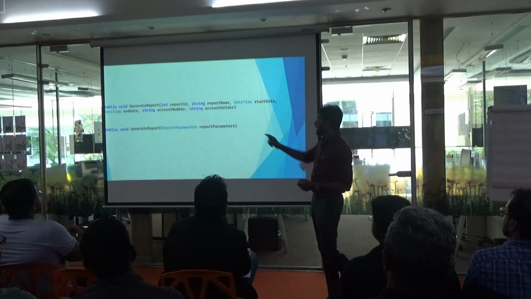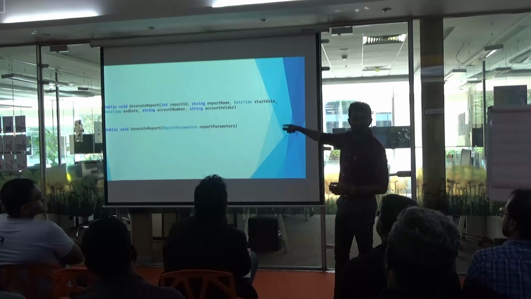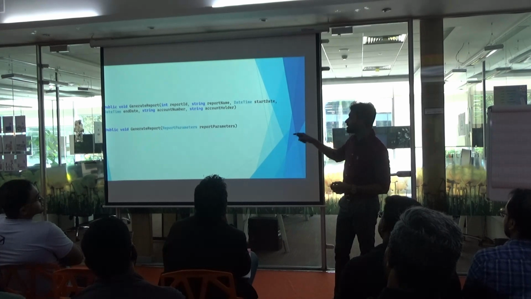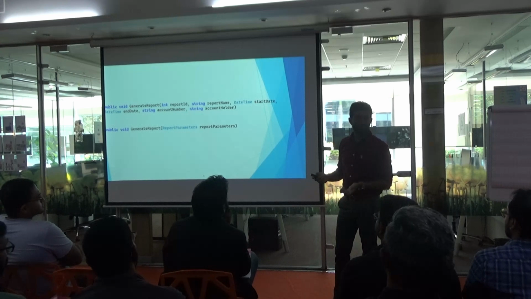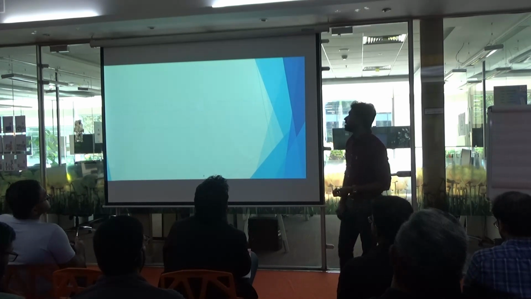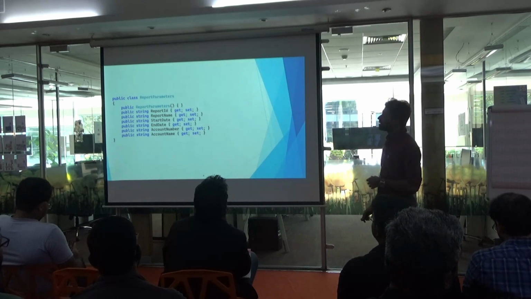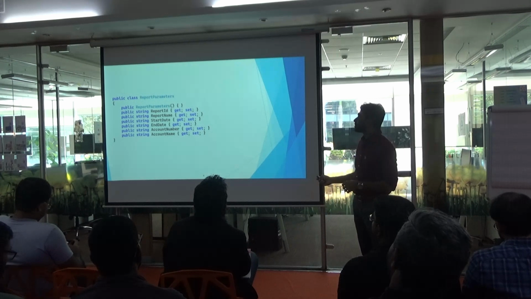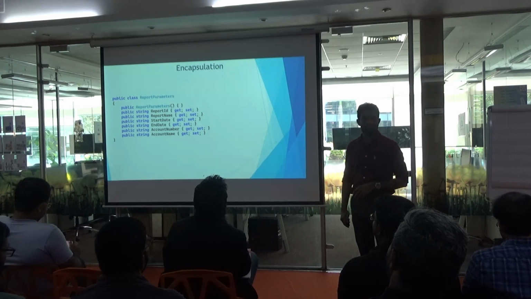I fixed the problem here because all of them have been put into a class, and the solution is encapsulation. It's OOPS. That's the solution. I put everything into a class. Code level problem.